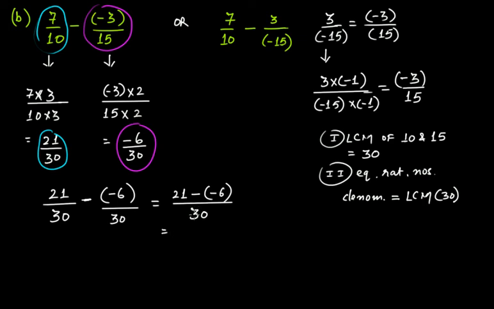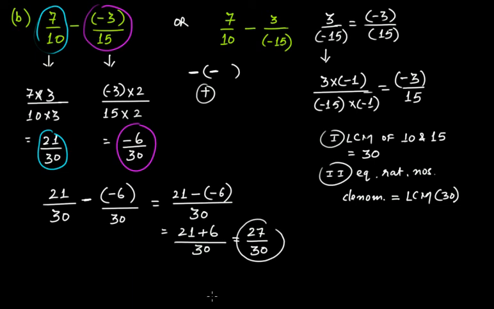Now, whenever outside the bracket you have a minus sign and within the bracket you have a minus sign, then minus, when it fights with minus, becomes plus. Okay, so this is 21 plus 6 over 30, and this gives you 27 over 30. So this is the answer.